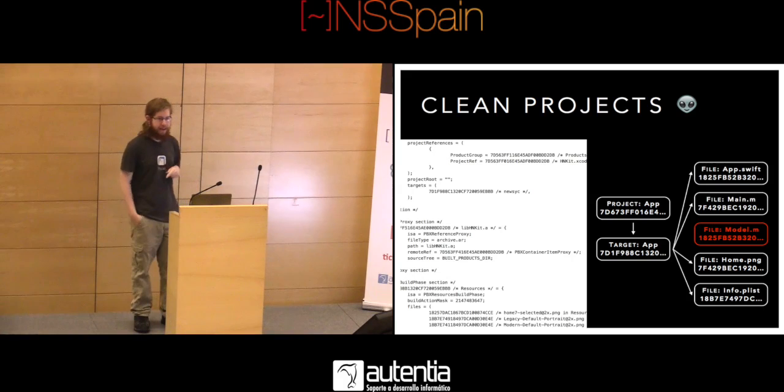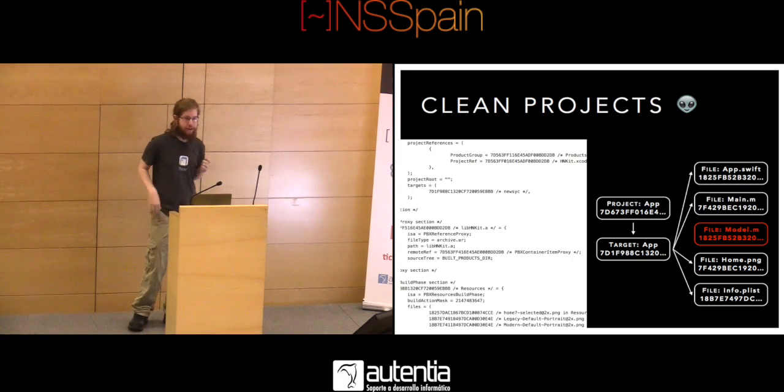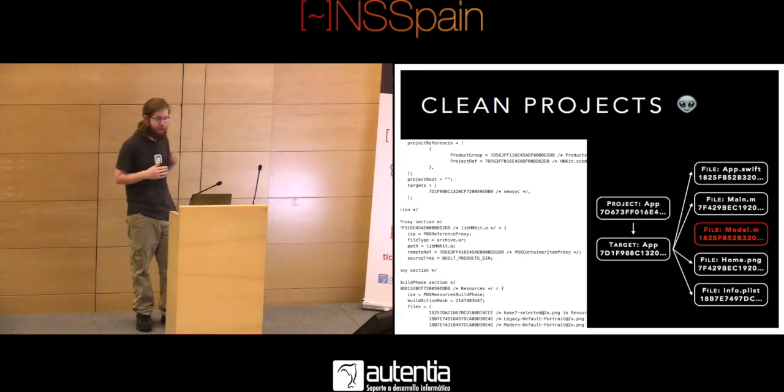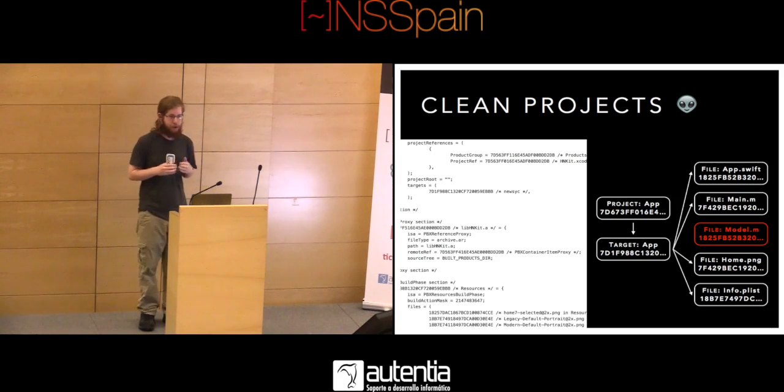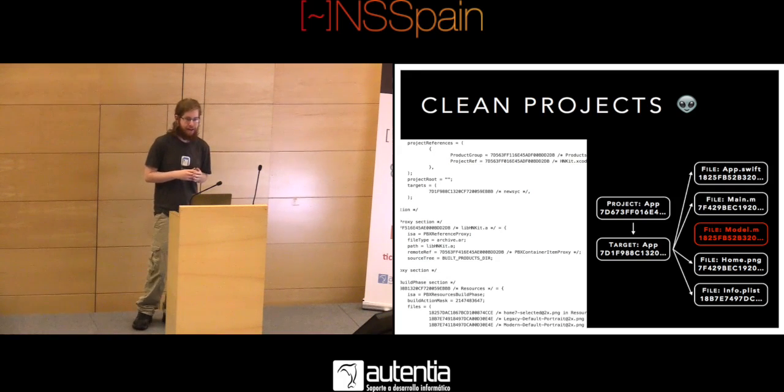But one thing that can happen, just like in your code, how you can get memory leaks if you forget to clean up an object and it still has references hanging around, you can get the same thing in Xcode projects. If you delete a file, but you forget to remove it from the file system, or a merge conflict ends up leaving it in the Xcode project, you can end up with these zombie files left around in the Xcode project that there's no way to delete.